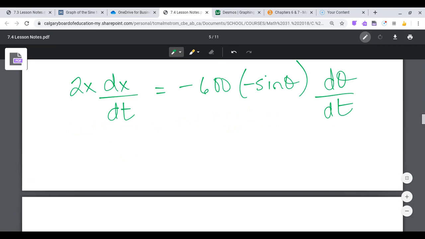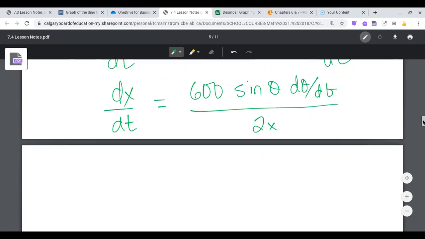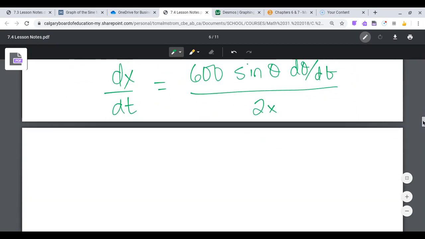Let's just divide that 2x to the other side because it's easy, and those two negatives make a positive. So we have 600 sine theta d theta/dt all divided by 2x. Now I need to see if I have enough information to fill in all my pieces.